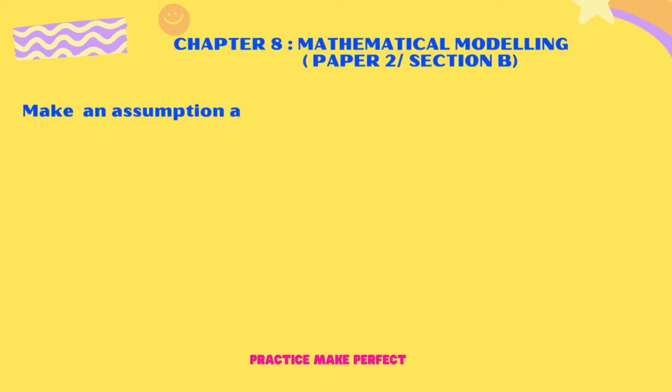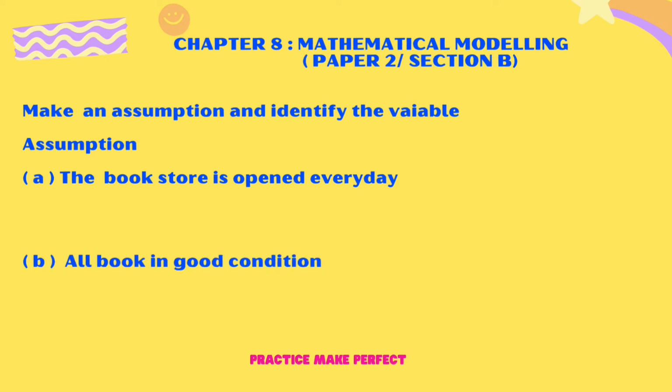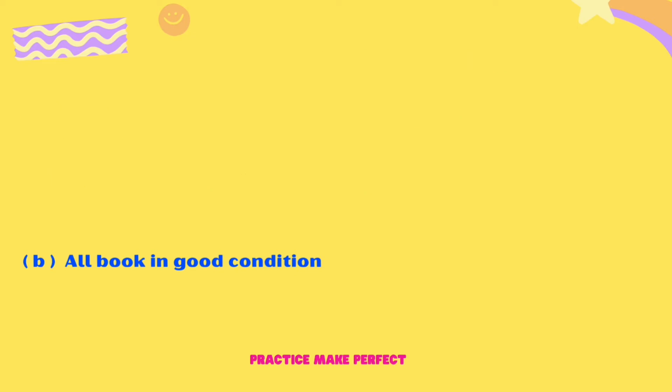The assumptions that we are going to make are that the bookstore is open every day, or that all books sold in the bookstore are in good condition. So these are the two assumptions that we can make for the mathematical model.